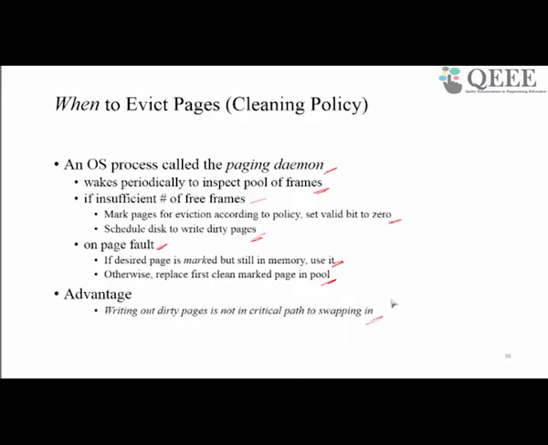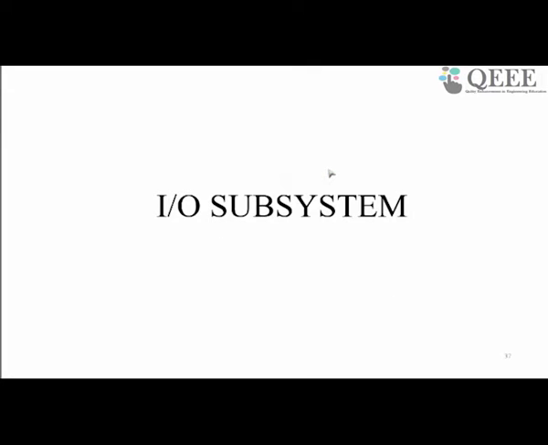This is the advantage: you don't need to invoke the replacement policy at the time of replacement, because it was done on a periodical basis, and the pages which can potentially be replaced are marked by the paging daemon. So we have looked into the concept of virtual memory management.